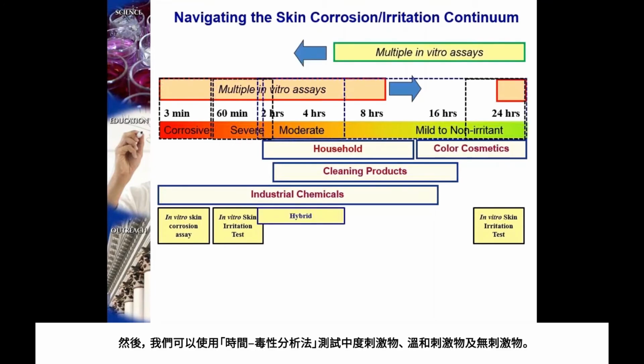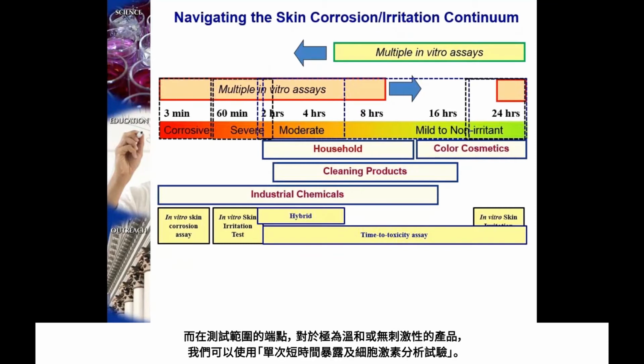And then in this range, moderate to mild to non-irritant, we can use the time to toxicity assay. And then at the end of the spectrum for very, very mild or non-irritant products, we can use the single short exposure and cytokine analysis assay.